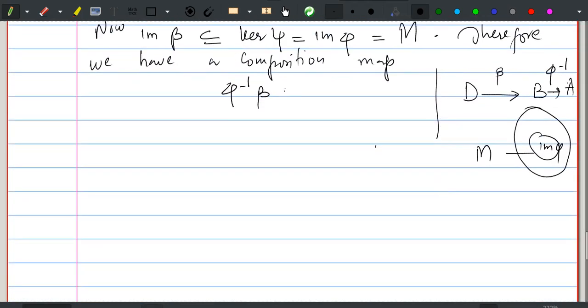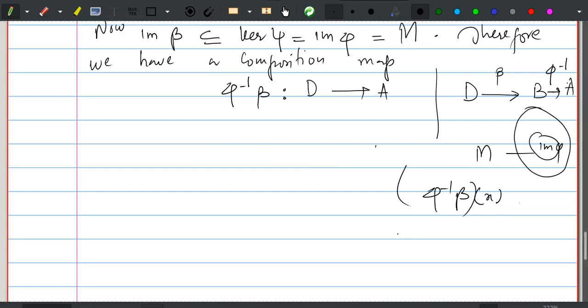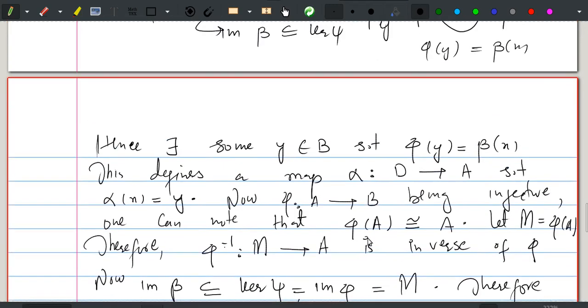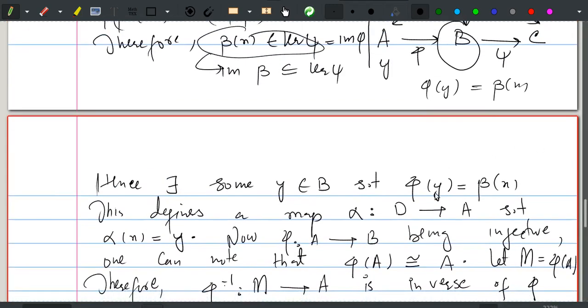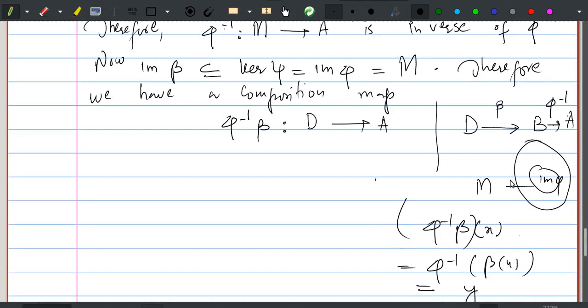So this is actually a map from D to A. Now what it does, if we take this element, phi inverse of beta of x, this is the same as y, because y is the same as phi inverse beta of x.